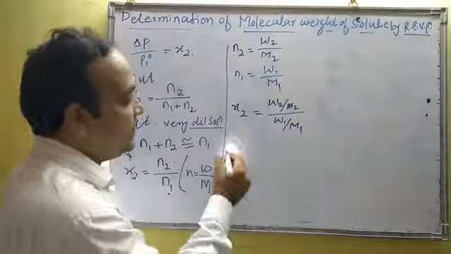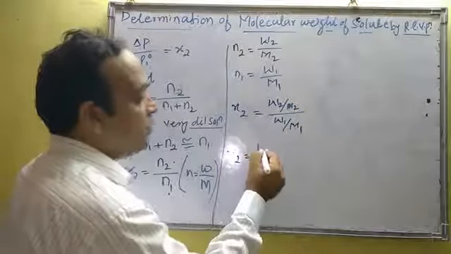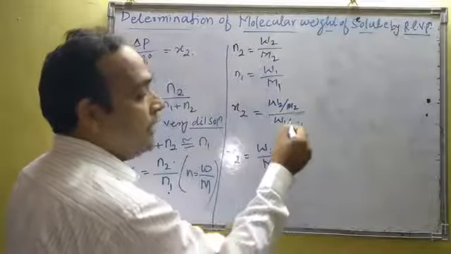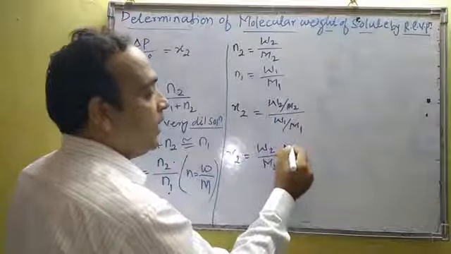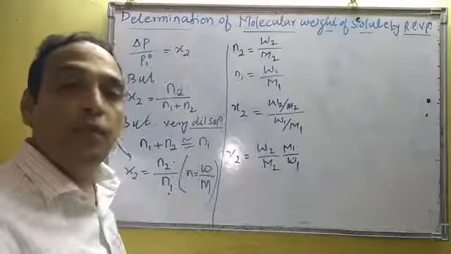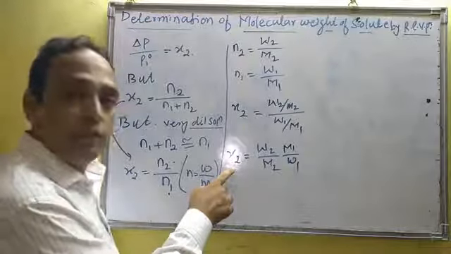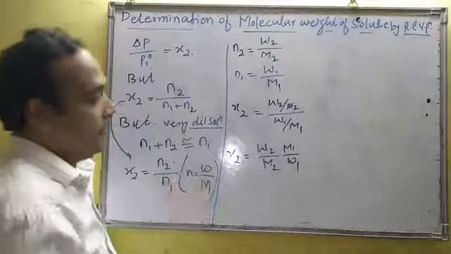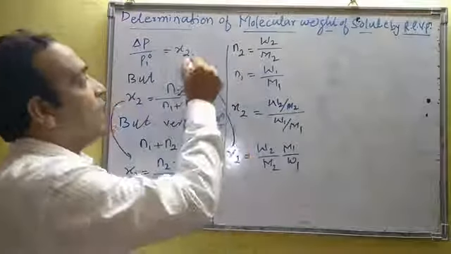Now simplify this equation. We can write x2 is equal to W2 by M2. Just invert this, it becomes M1 by W1. Now this is the mole fraction of solute. Now substitute the value of x2 here.